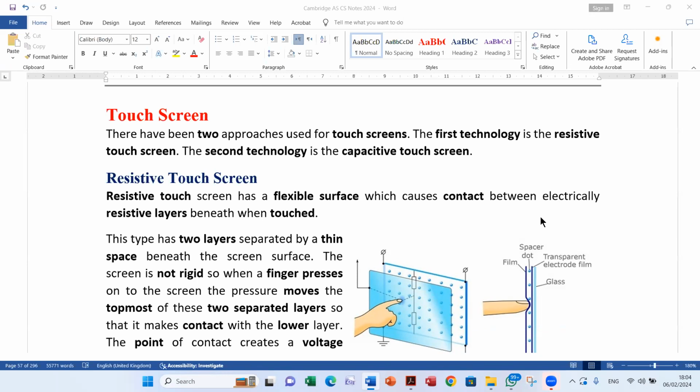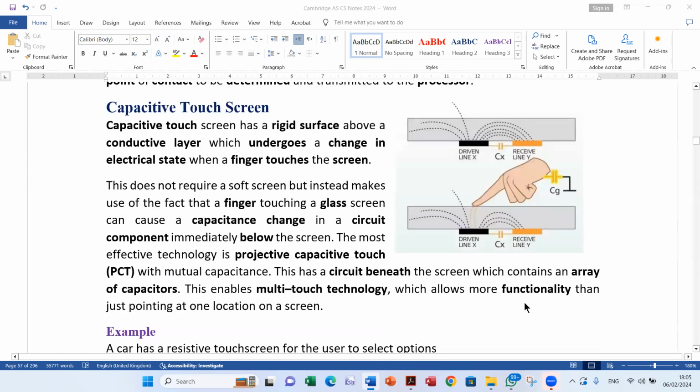And it is touch, and the touch registers the place you touch, for example, to select the application like you are doing when using your smartphone. Okay, so there have been two approaches used for touch screen. There are two technologies used for touch screen. The first is resistive touch screen. The second is capacitive touch screen.